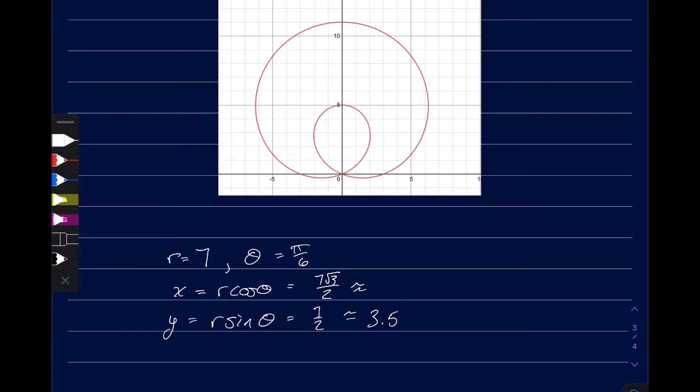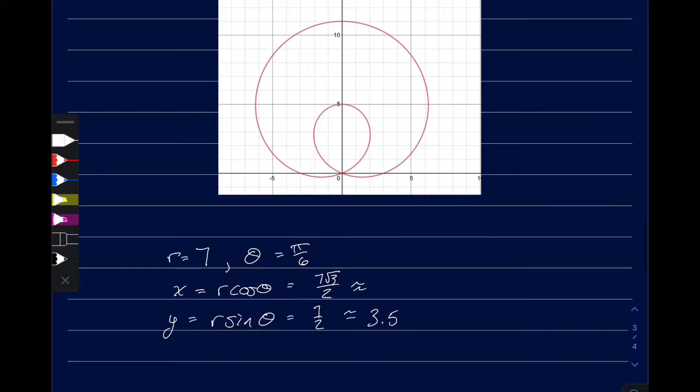So we are at 7 square root of 3 over 2, well, 7/2 is 3.5. And 7 square root of 3 over 2 is about 14/2, so maybe it's about 7. So we go out to 7 on the x, and 3.5 on the y, so 1, 2, 3 and a half.